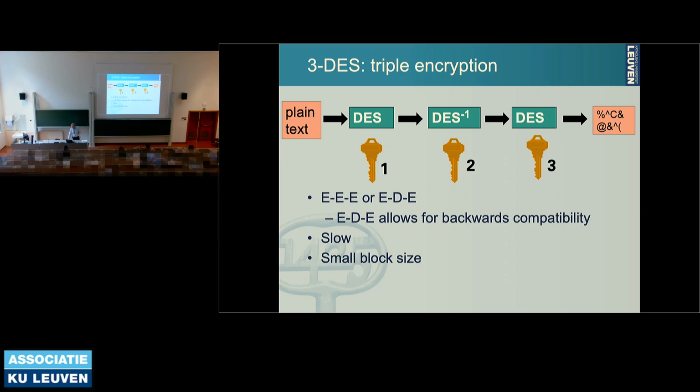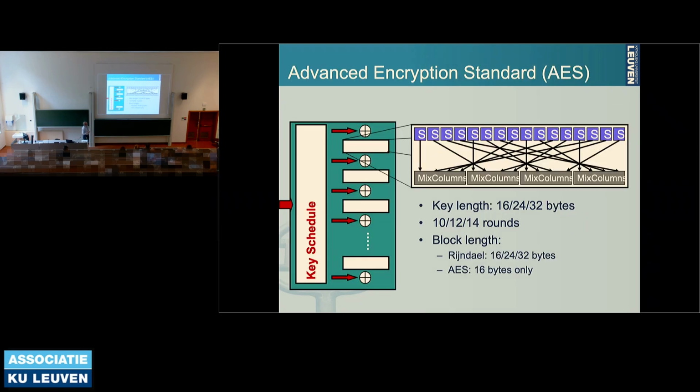So it was time for a new standard, and that was the AES. The AES, Advanced Encryption Standard, looks again much more similar to the original Shannon cipher, in the sense that it applies the nonlinear building block to every byte of the round input.